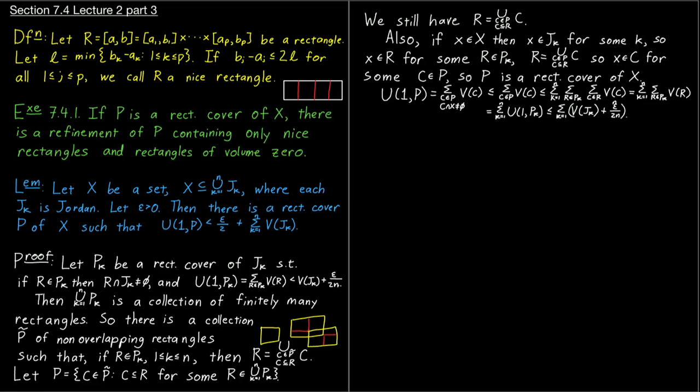Sum that last piece from k equals 1 to n, you get your epsilon over 2, which is what we wanted.